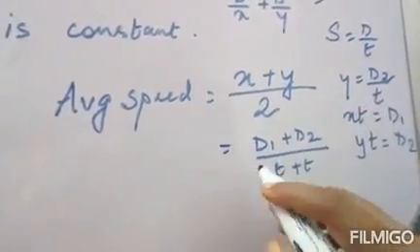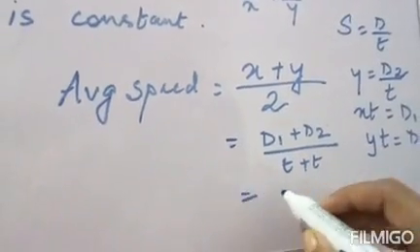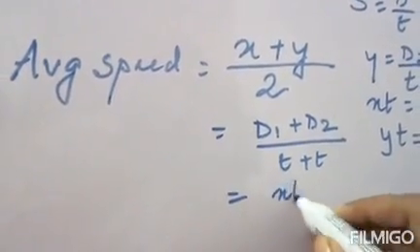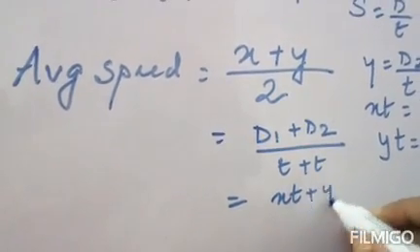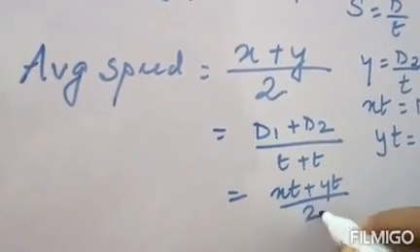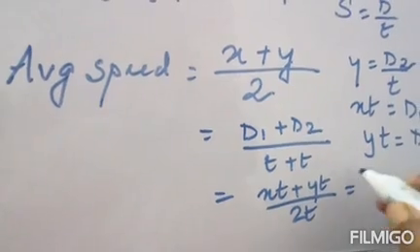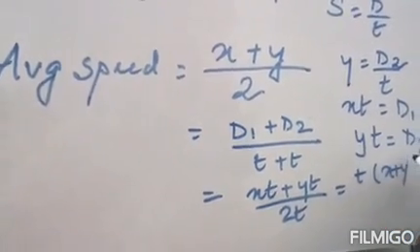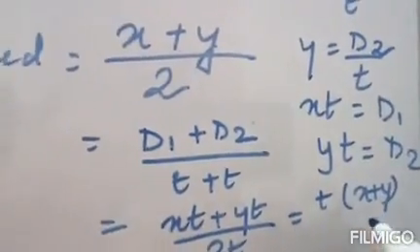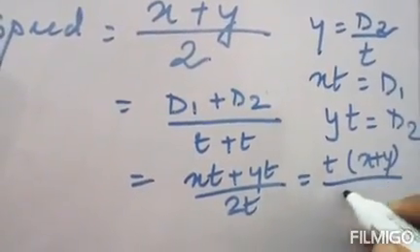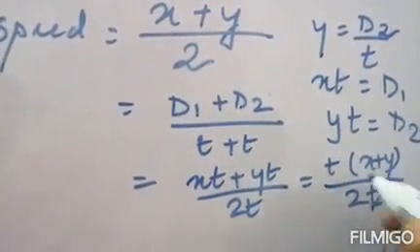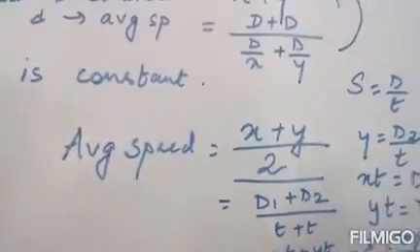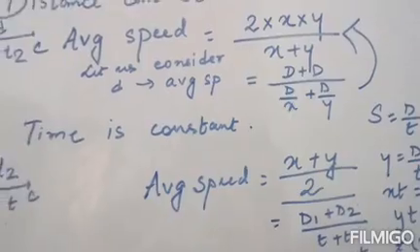Now let us substitute this. We get xt plus yt by 2t. Taking t common, we get x plus y by 2t, and we can cancel out the t's, and what remains is x plus y by 2. Understood?